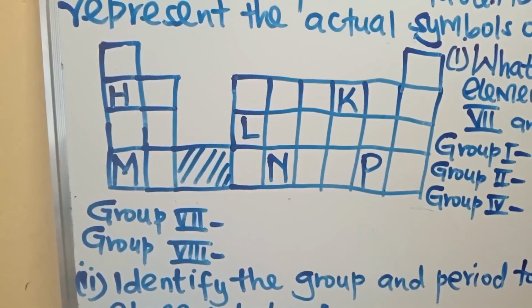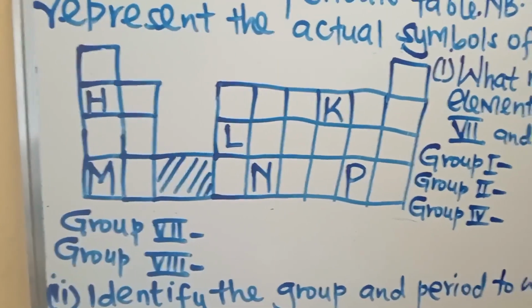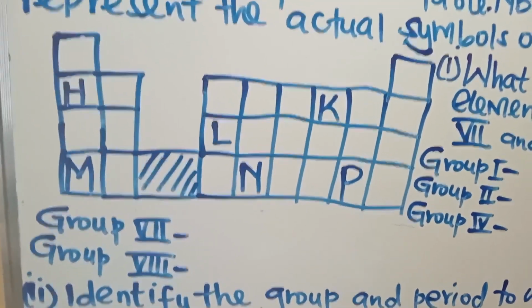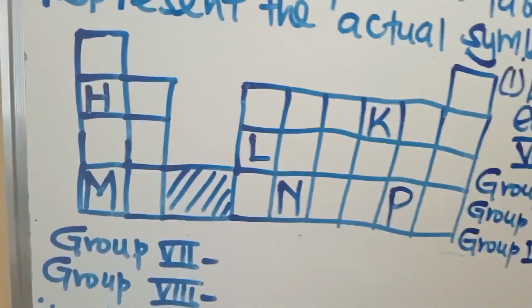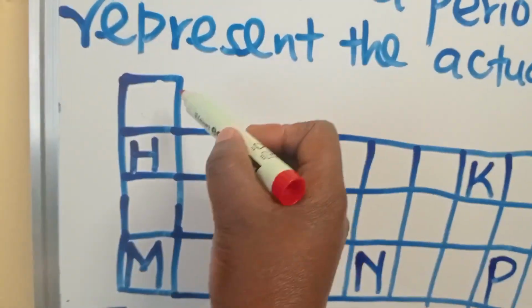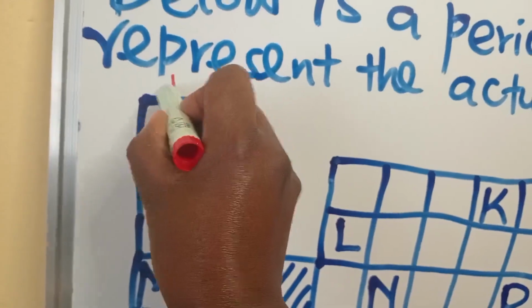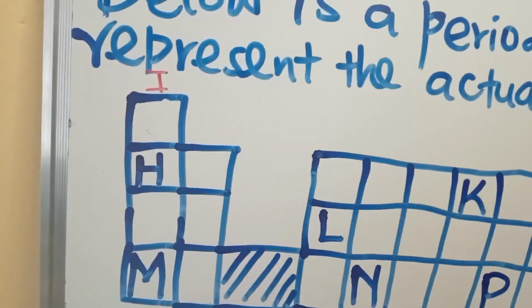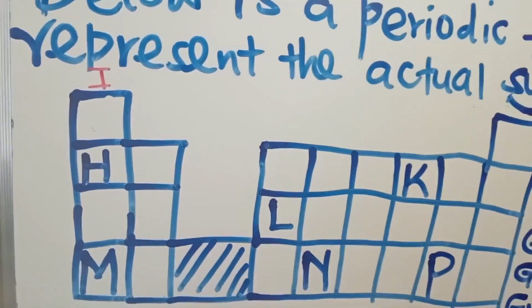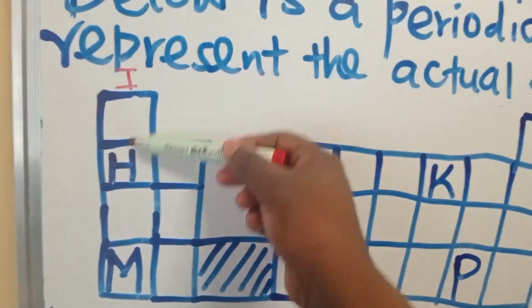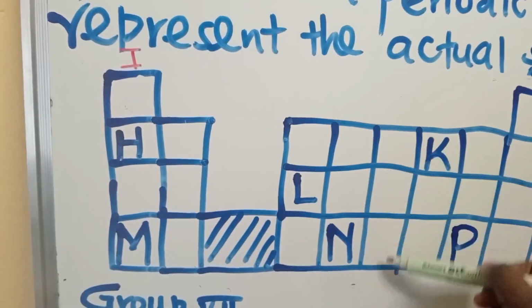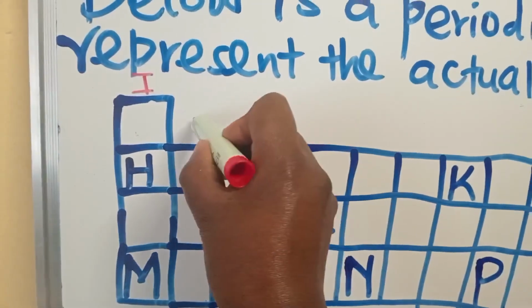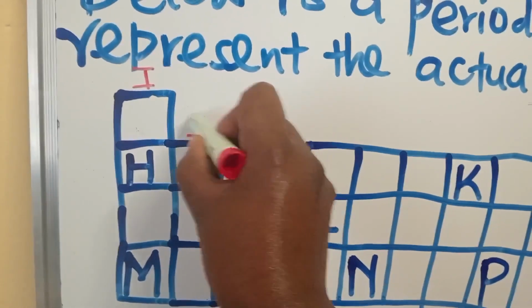So the first one is that once you're provided with such a grid, or rather the periodic table that is provided, you're supposed to come up here and then you indicate the groups. So the vertical ones, the columns that go downwards, are the groups. So we indicate the number of each group.